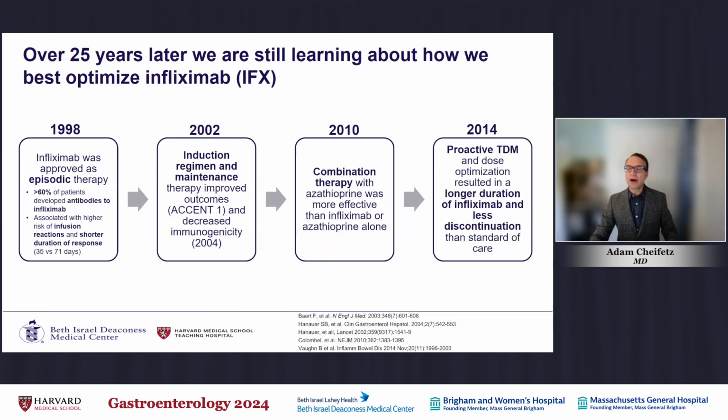My study came out 10 years ago now, where we first showed that proactive therapeutic drug monitoring and dose optimization resulted in a longer duration of response to infliximab and less drug discontinuation than standard of care.